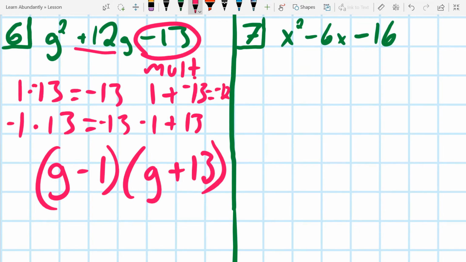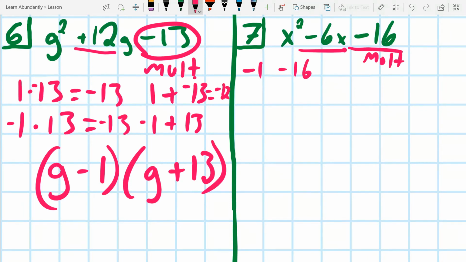So we have to be careful. The number one mistake I see people do is they aren't paying too much attention to their negatives. So this one, on our final example here, example 7, we have a minus 6x and a minus 16. So I want to remember to multiply two numbers to get negative 16. Obviously, the first one that comes to mind is negative 1 and negative 16.